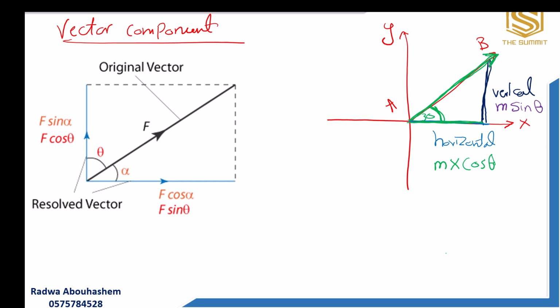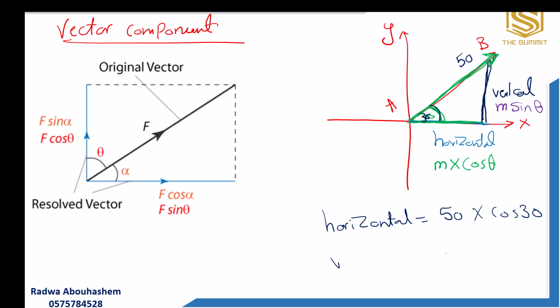So for example, if I give you a vector with magnitude 50, and the angle here is 30, and I ask you for the horizontal component, it would be 50 multiplied by cosine 30.